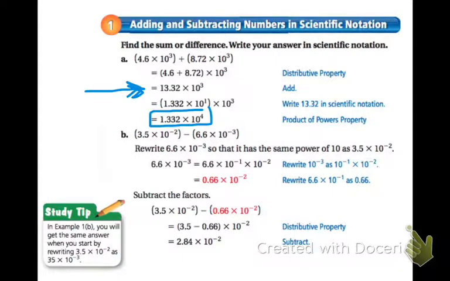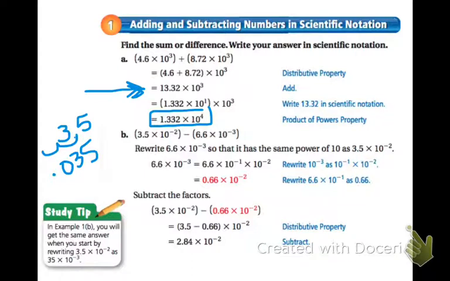When they are not in the same power, one way is to change one of the decimal numbers, so that it's in the wrong scientific notation form, to get the power the same. Another way would be to take it and write it outside of scientific notation. So the 3.5, remember, would be 1, 2, so that would be 0.035.